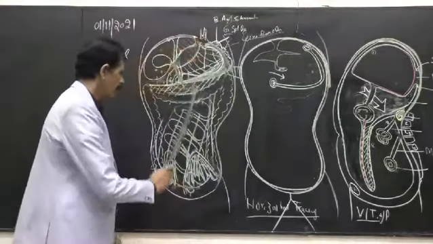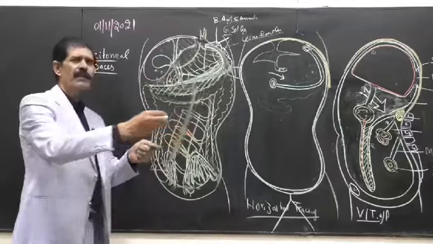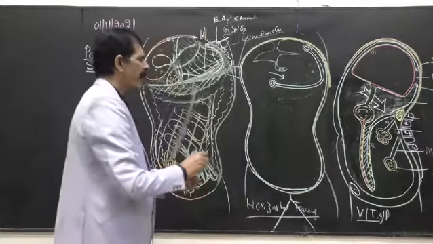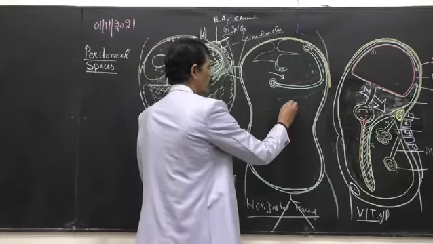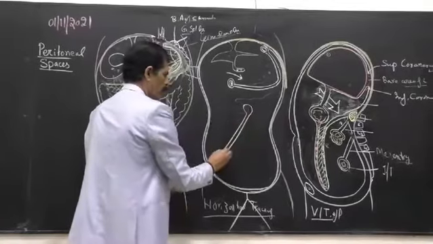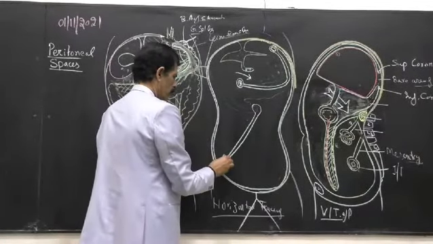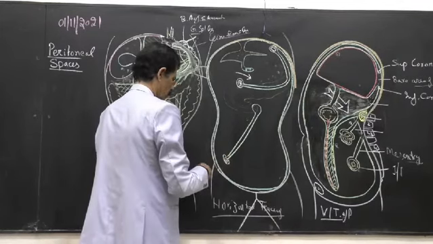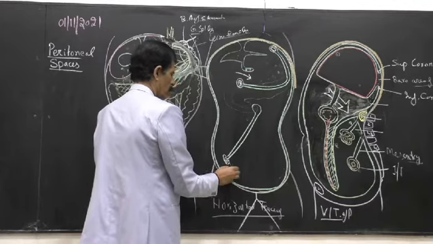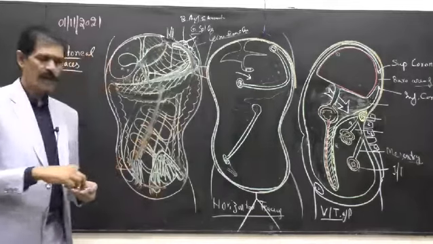Then third cut, you have to cut the terminal ileum. Then your 6 meter jejunum and ileum is out. And what is left behind? How do you show it? Is it clear?